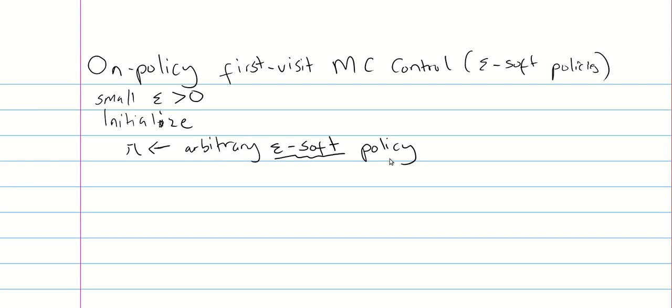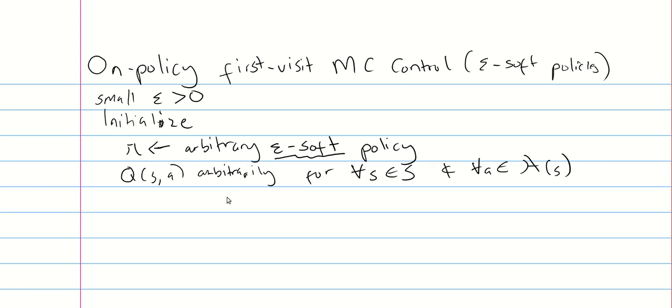And what that means is that the probability of taking an action in any state should always be greater than 0, right? And then Q(s, a). So we just assign this, again, arbitrarily to some values, like we can initialize it to 0 or whatever, for all s an element of S, and for all a an element of A(s).